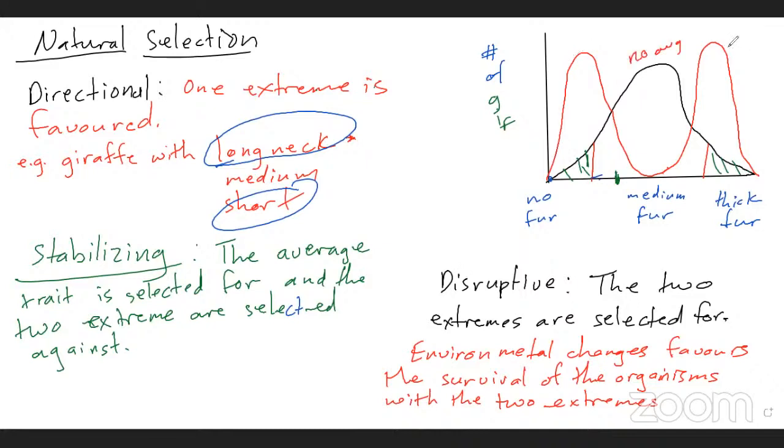So really good or really bad, all right? So both extremes are selected for. So this graph is disruptive. The average is not selected for. So these are the three. So we have two peaks then with the disruptive? That is correct. The two extremes.